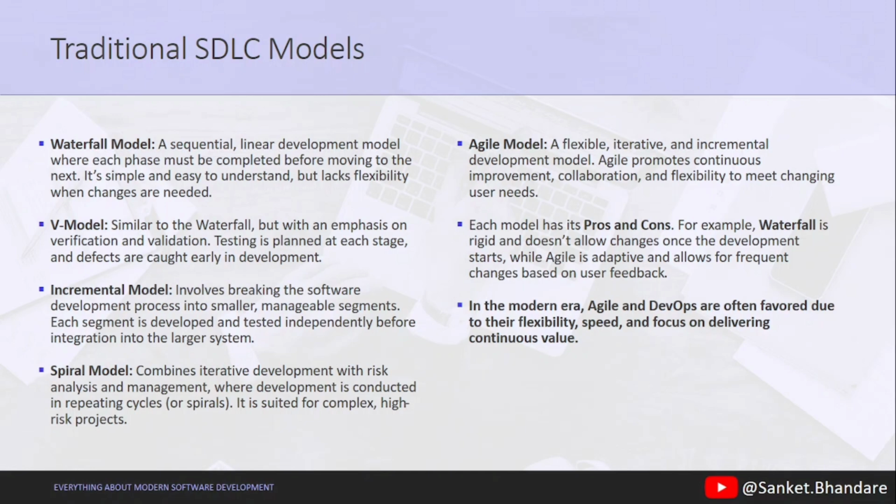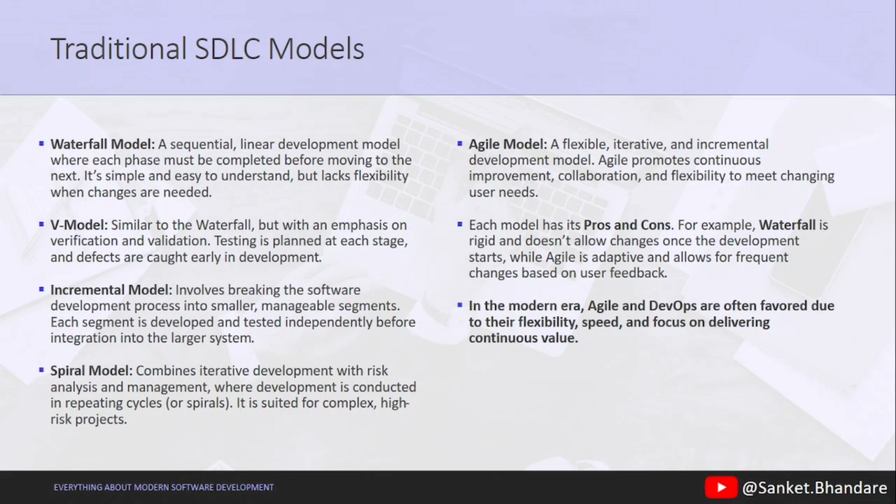It's a simple and easy to understand model, but it lacks flexibility where changes are needed. In the development stage, if your client has a specific requirement, or wants to update any specific requirement, then that was not possible with the waterfall model, due to which it was not really used in production scenarios.